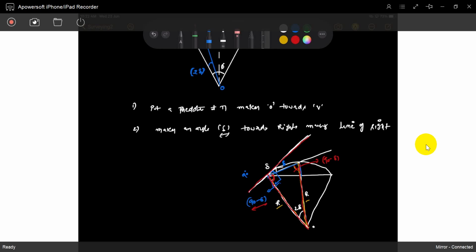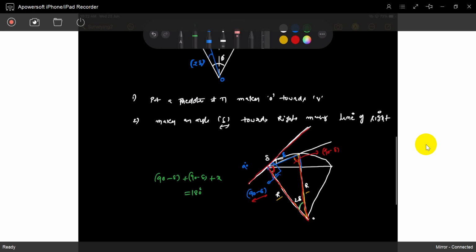The angles inside the triangle total 180. So 90 minus alpha, 90 minus alpha, and an unknown angle x: 180 minus 2 alpha plus x equals 180. The 180s cancel, so x equals 2 alpha.